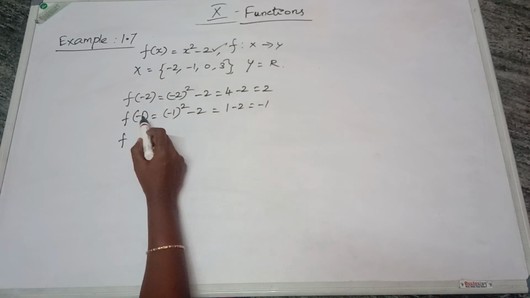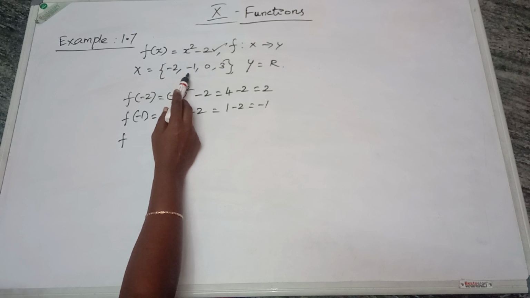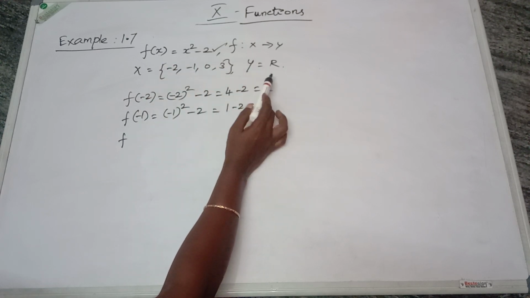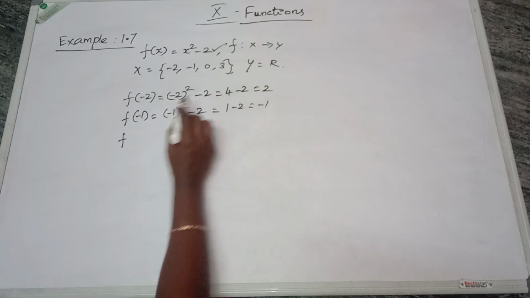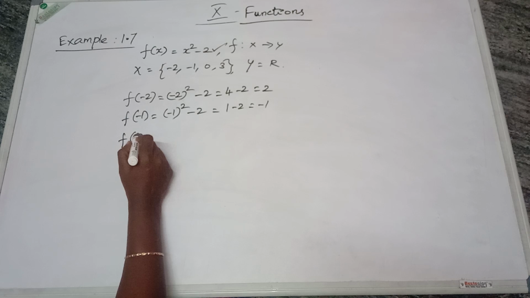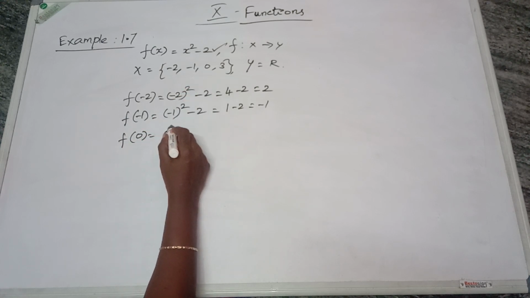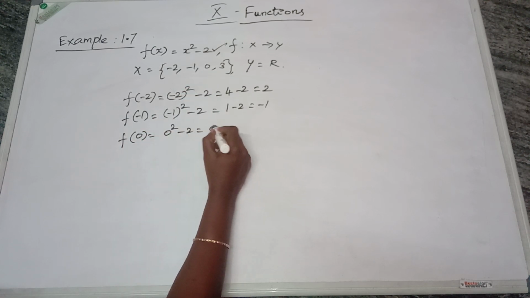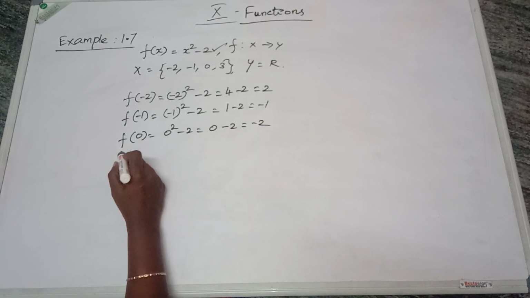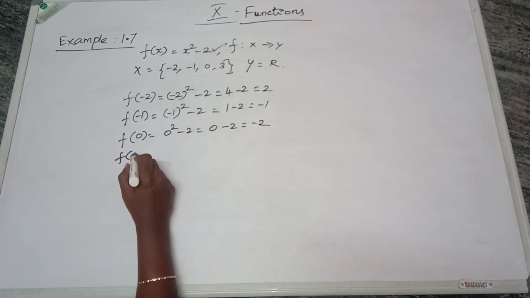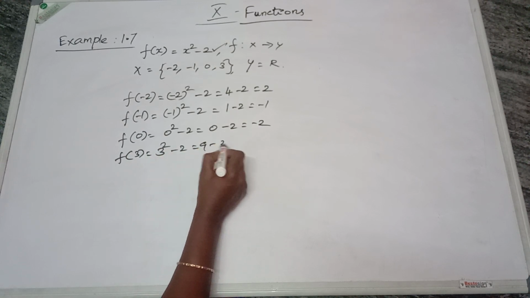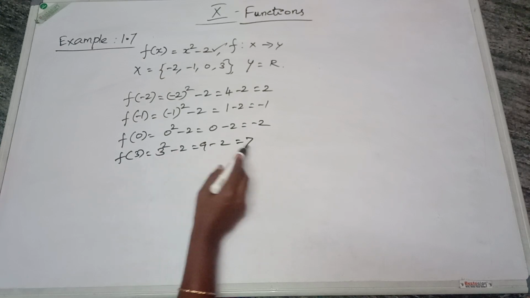Then f of 0: 0 square minus 2, 0 square is nothing but 0, and 0 minus 2 is minus 2. So the image of 0 is minus 2. The last one is 3: 3 square minus 2 is 9 minus 2, equal to 7. So the image of 3 is 7.